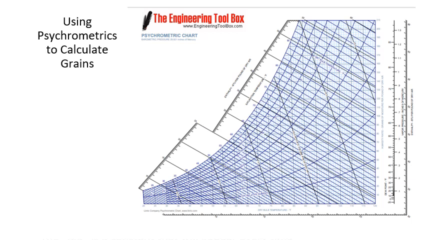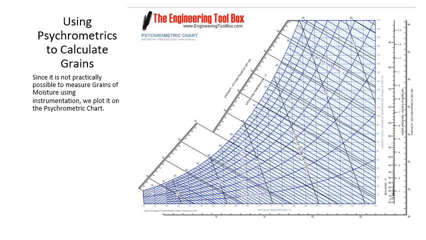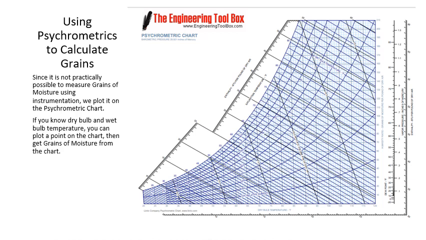There are a lot of lines going in a lot of different directions, but the psychrometric chart is useful because we can plot points on the chart that represent the properties of air. It's not practically possible to measure grains of moisture in the air using instrumentation, so we're going to plot it on the psychrometric chart. If we know our dry bulb and wet bulb temperature, then we can plot a point on the chart and get our grains of moisture from this chart.